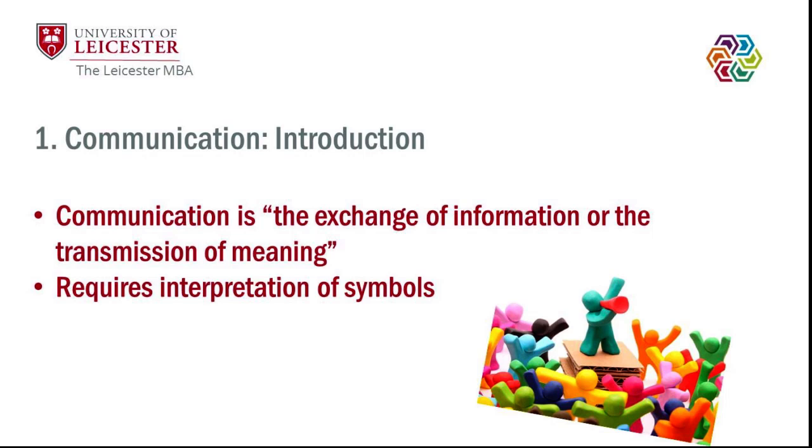And we still need to consider what this process of information exchange involves, and the various factors involved in transmission. And these are many and varied, as we'll see. We must also appreciate that an exchange of information requires the interpretation of symbols. So, for example, words are simply symbols that represent meaning.